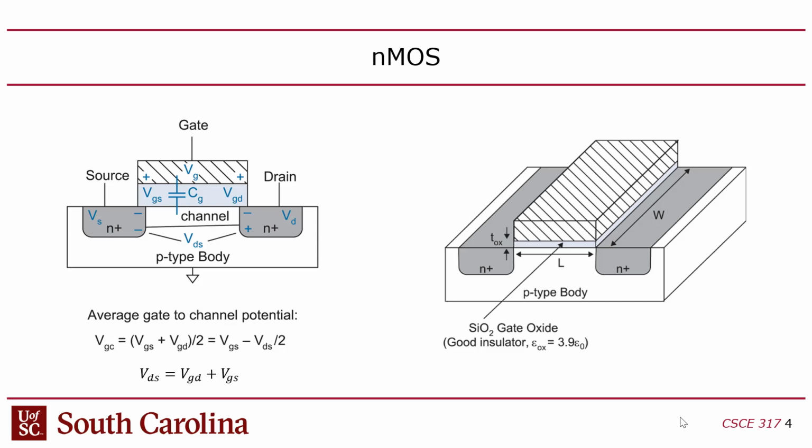So when you say V sub G, gate voltage, what does that really mean? What is it relative to? Well, you might say it's relative to the channel, right? It's the voltage of the gate relative to the voltage of the channel, because that's the capacitor. Those are the two ends of the capacitor. When you have a capacitor, you measure the voltage of one side of the capacitor to the other side.